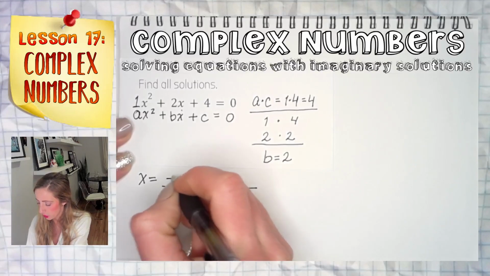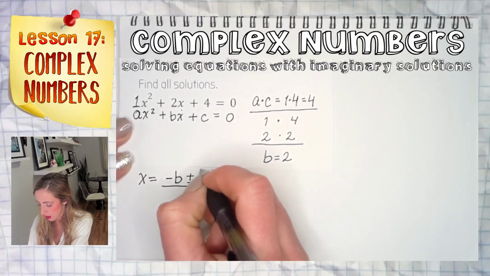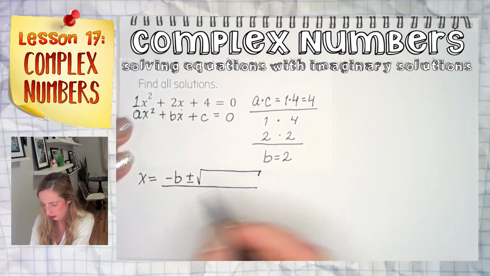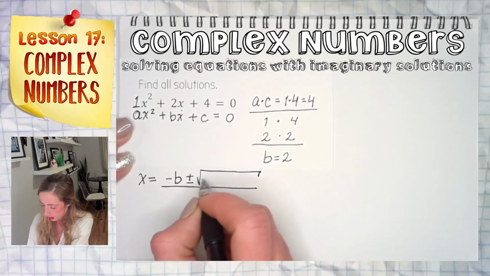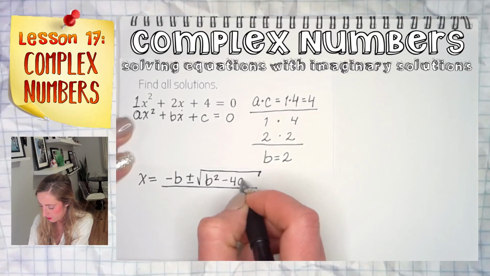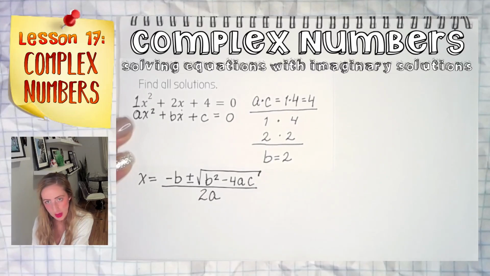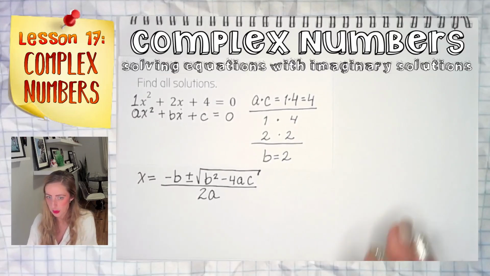X is equal to opposite of b, or negative b, plus and minus the square root of, I close off my square root so I know where it ends in this situation. Usually I do that at the end. I did it early. Square root of b squared minus 4AC all over 2a. And when I say all over 2a, I mean all over 2a.